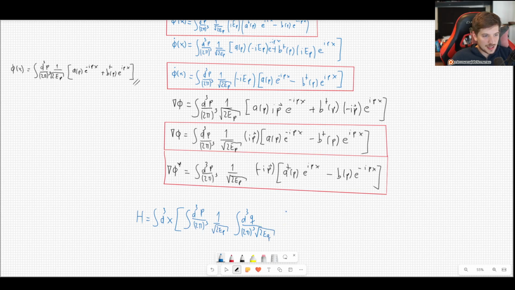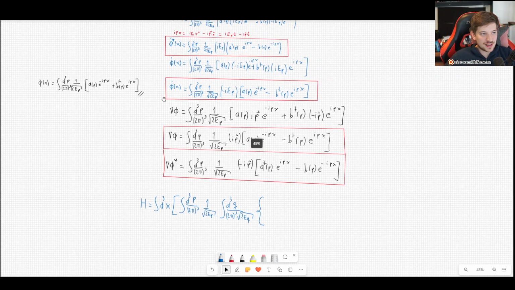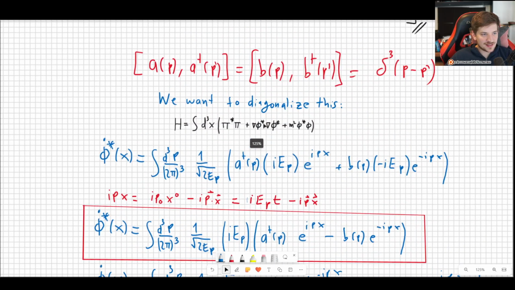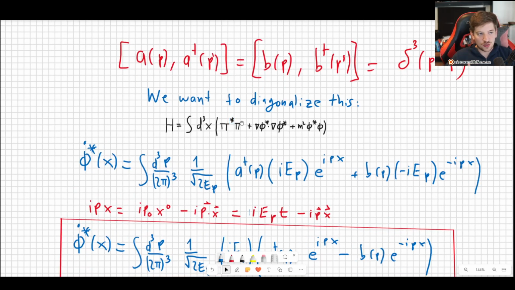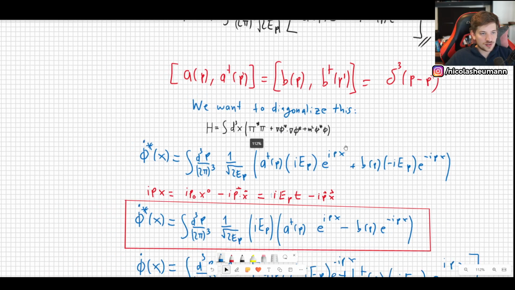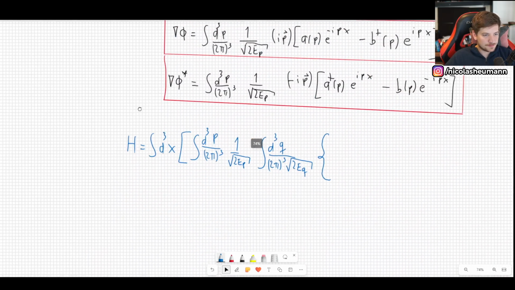And now we can actually begin. Those are just the prefactors because every single term has that, right? Since what we are going to be multiplying is this pi, the conjugate momentum here, has that whole factor with P. This one has it with Q. This one with P, this one with Q, this one with P, this one with Q. Okay, so that's why we can factor it out.